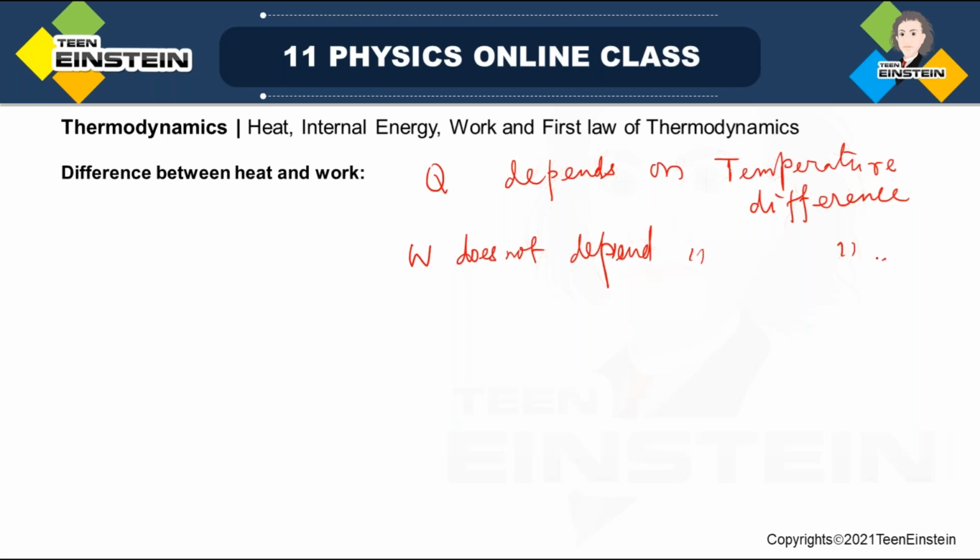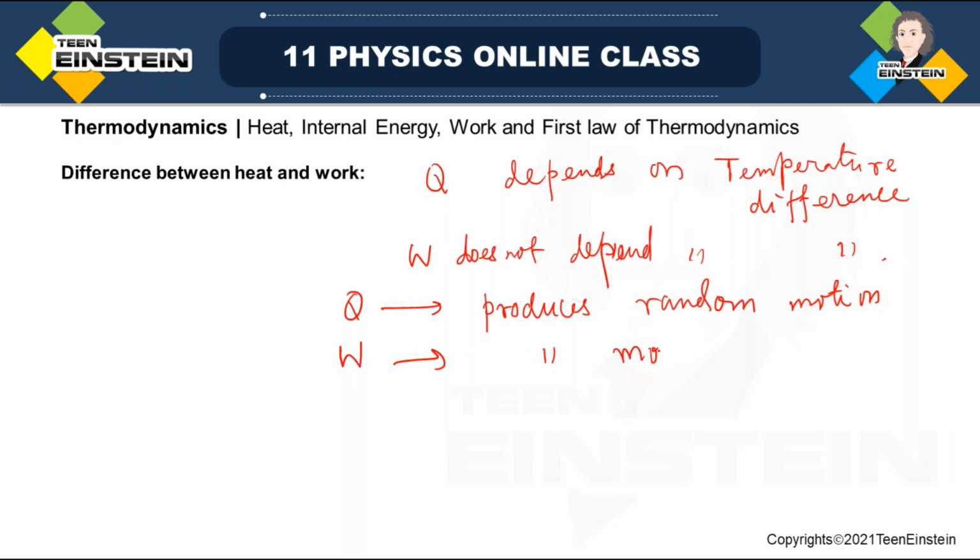So this is the difference. Heat energy produces random motion, because it helps to increase the internal energy, and work produces more organized motion of the molecules.